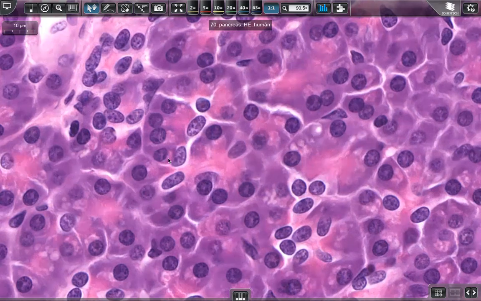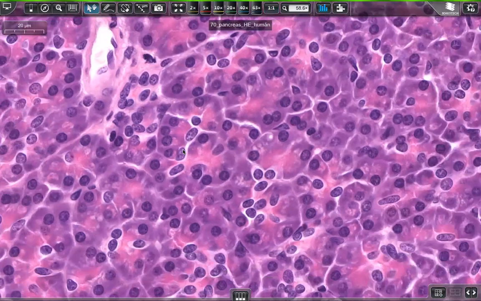So there is another, look at that, a really nice serous acinus, and at the center here we have the centroacinar cells, but they belong to the intercalated duct, the first part of the duct system.